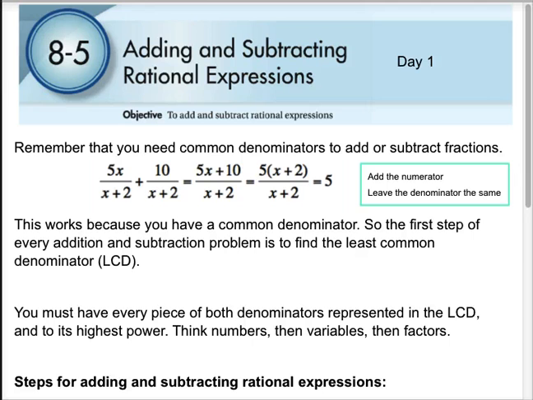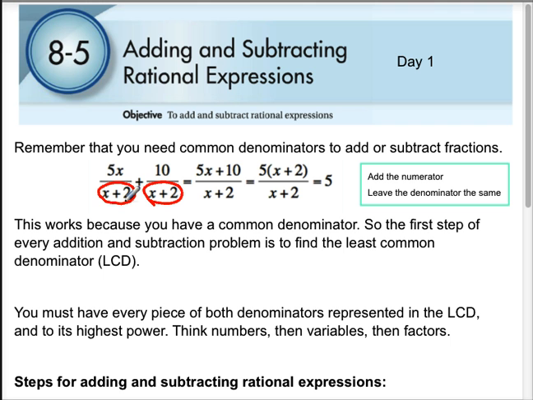So far we have done multiplication and division. Now today we're going to focus on the addition and subtraction side of all these rational expressions. Now, you hopefully remember back when you started adding and subtracting fractions that if you have a common denominator, so here when you're adding these two, they have a common denominator.